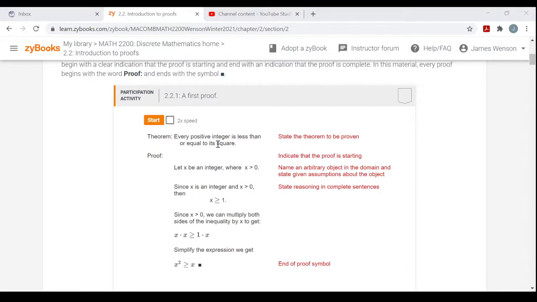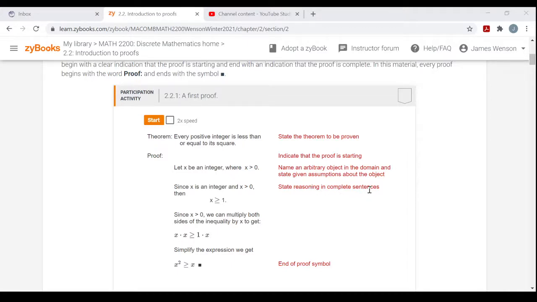Indicating that it's positive, right? You just take what's given to you. So you name an arbitrary object in the domain. Again, this is only for universal statements with domains that are infinitely large. You name an arbitrary object, say x or y or z, and then state reasoning in complete sentences.